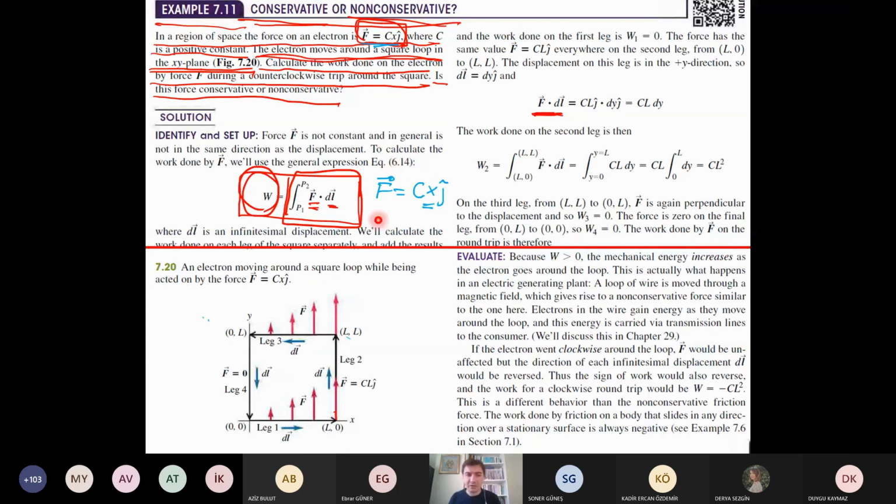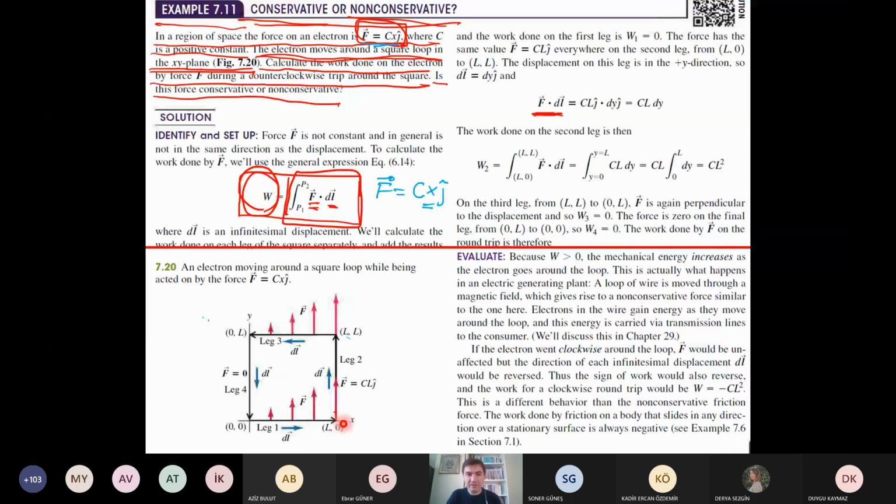This is a scalar dot product. At the first position, from the origin to the point where X is equal to L, what about F·dl? F is along the positive Y, and dl, the displacement, is along the positive X. So the angle between dl and F is always 90 degrees along this leg 1.